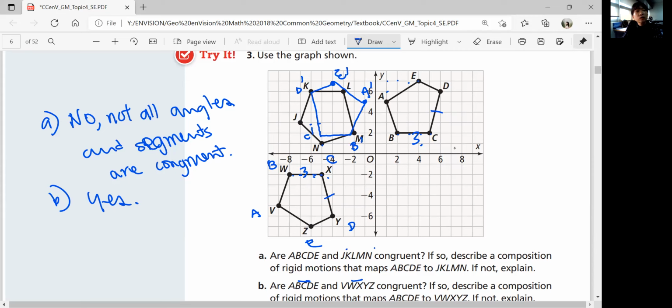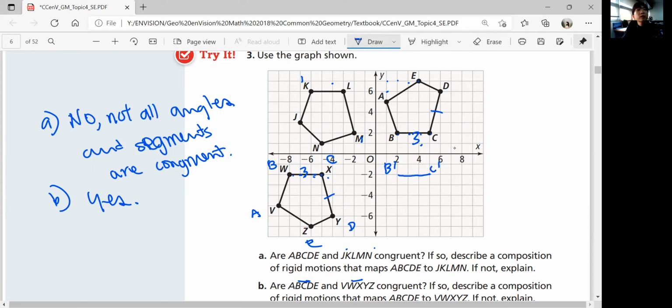And then you can translate, or you can reflect again over the x-axis. Or why don't we reflect, sorry, why don't we reflect horizontally? Because that one didn't work, right? So then we're going to reflect over the x-axis.